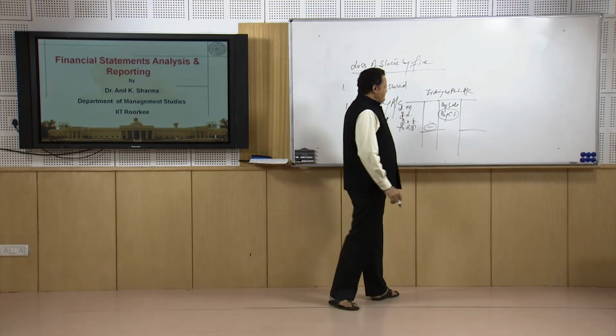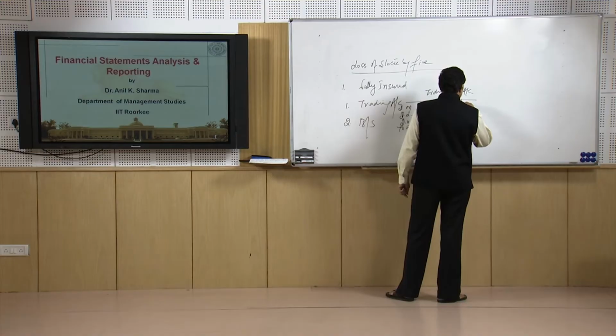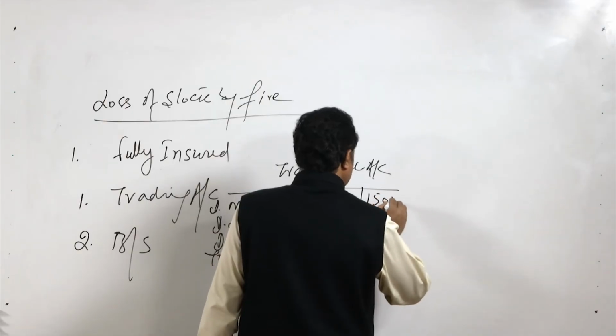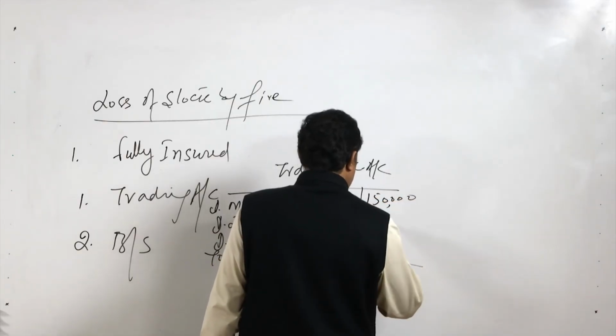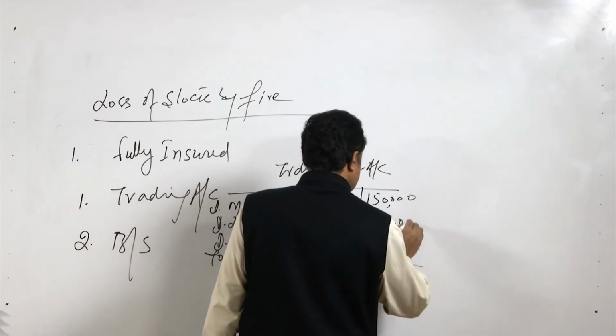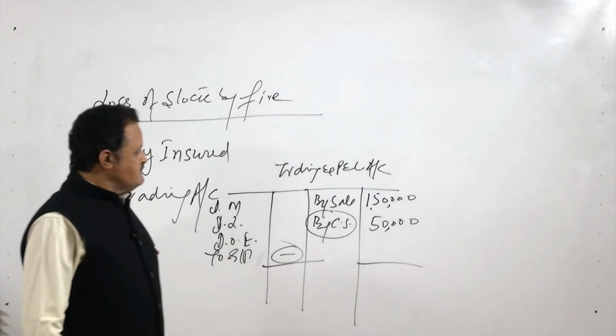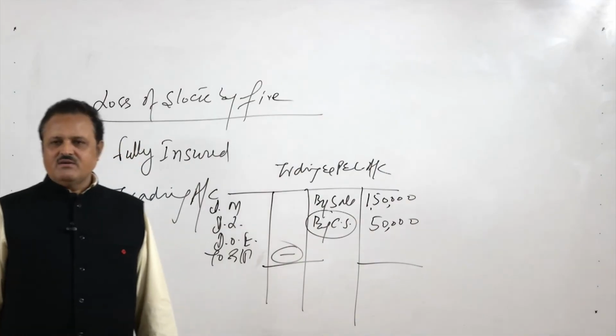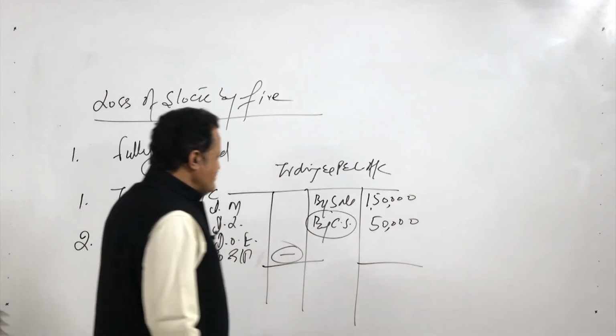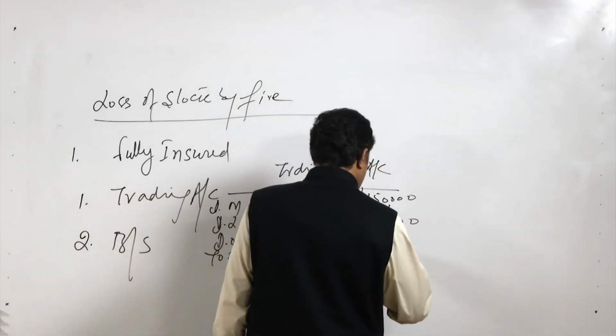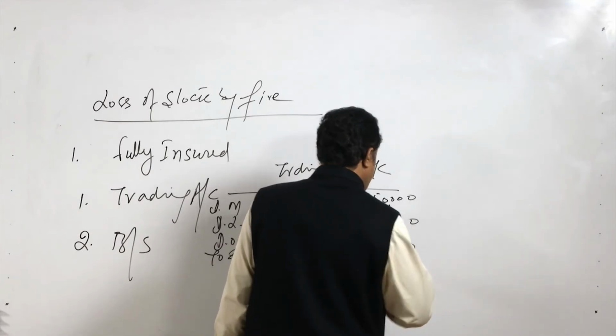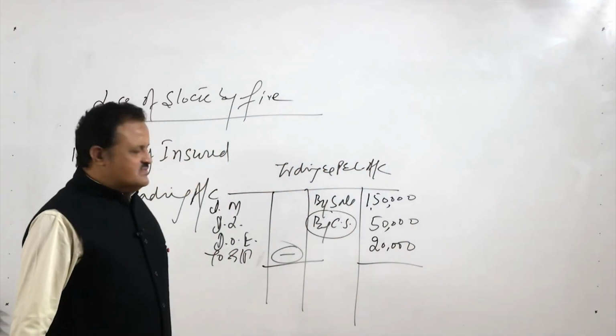Now, when there is no loss of stock by fire or anything, we call it closing stock. But say for example, total sales amount is 150,000 and stock is 50,000. But when the fire broke out, stock worth rupees 20,000 was burnt in fire, right?